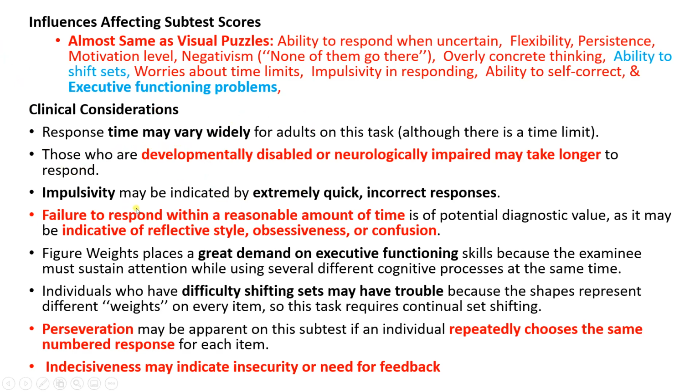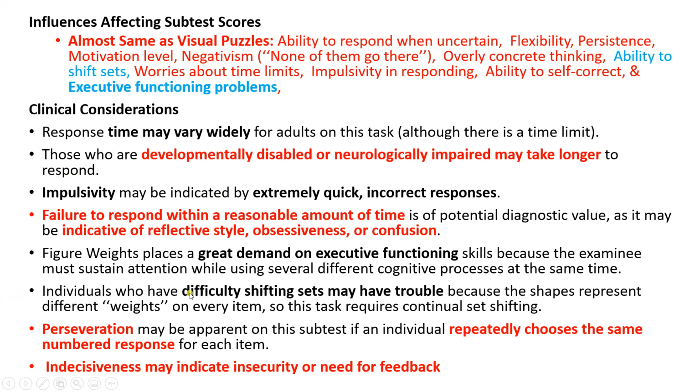Similarly, impulsivity may be indicated by extremely quick and incorrect responses. So almost clinical interpretations are same as with the previous subtest. And remember that this is one subtest that will be used as a supplemental subtest. Therefore, the abilities and their clinical indications are also same.